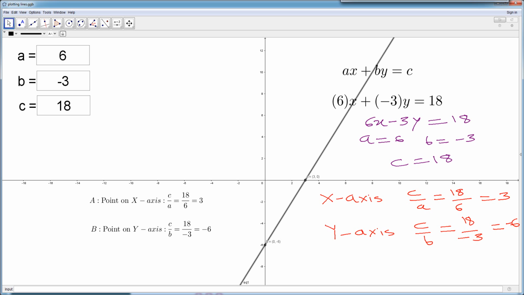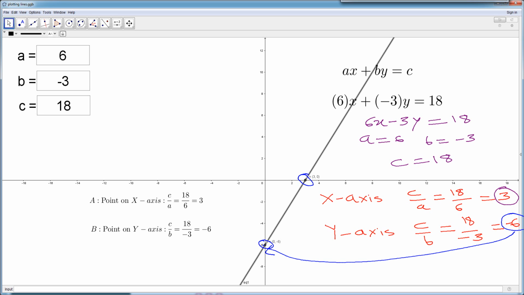So thus we obtain 2 points, point 3 on the x-axis and point -6 on the y-axis. So point 3 on the x-axis is given here. It has coordinates 3, 0, and the point on the y-axis is -6. It is given here, and it has coordinates 0, -6.